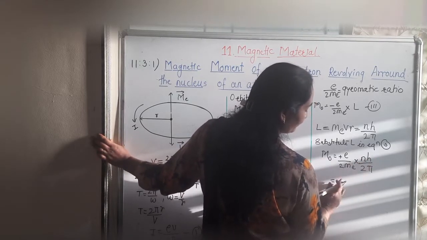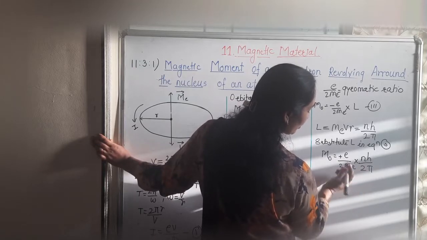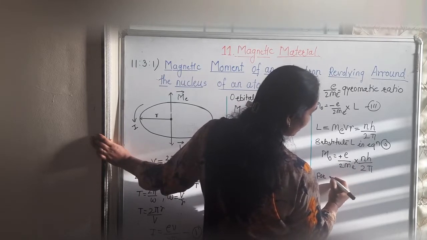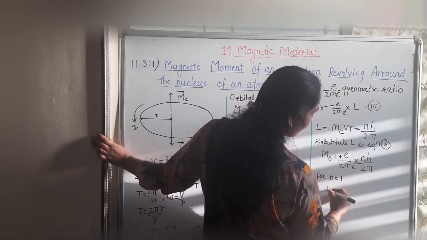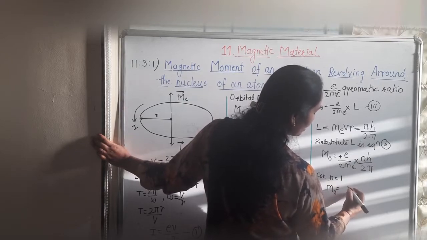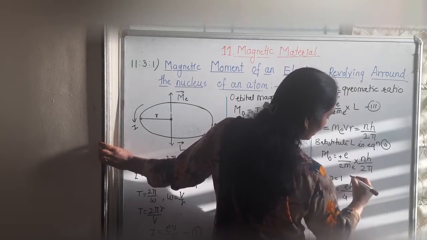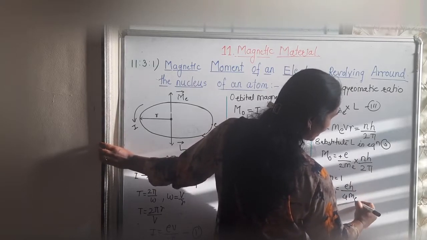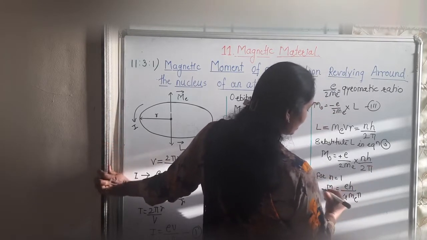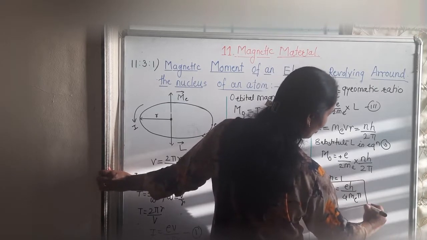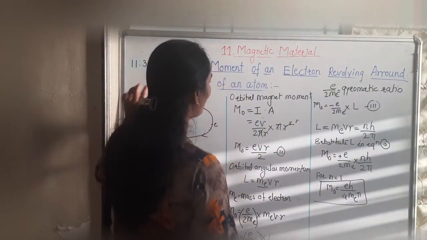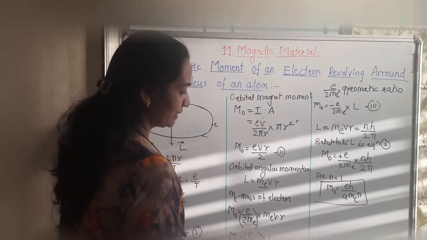For the first orbit, n is equal to 1, so the magnetic moment M0 is equal to eh upon 4 pi Me. This is the magnetic moment when the electrons revolve around the nucleus.